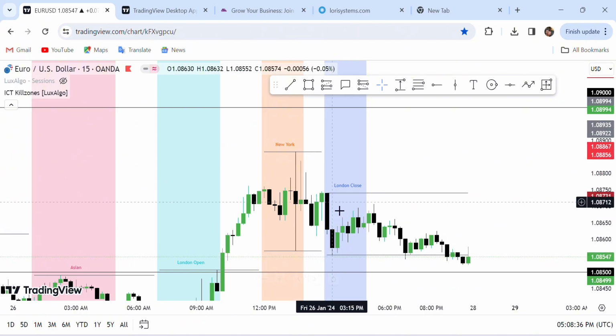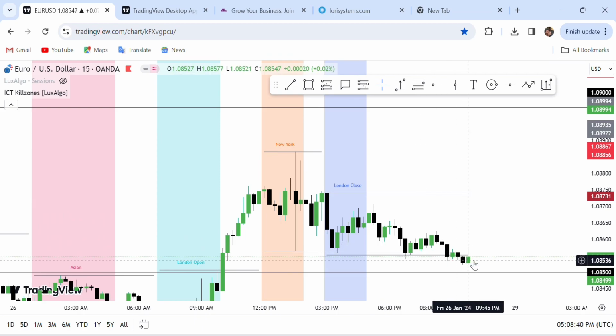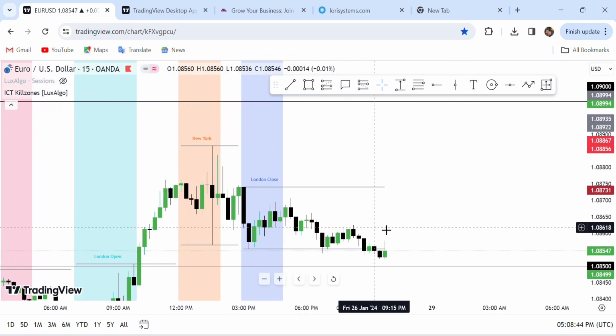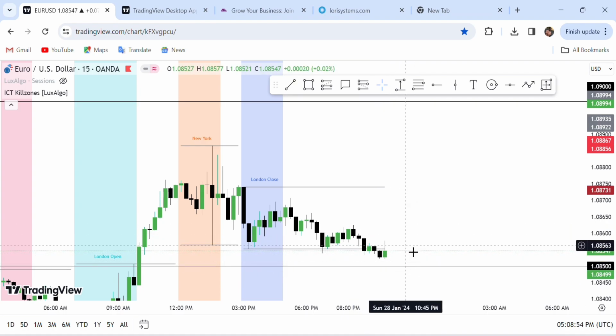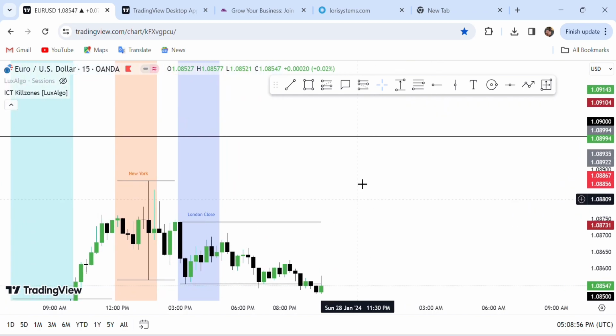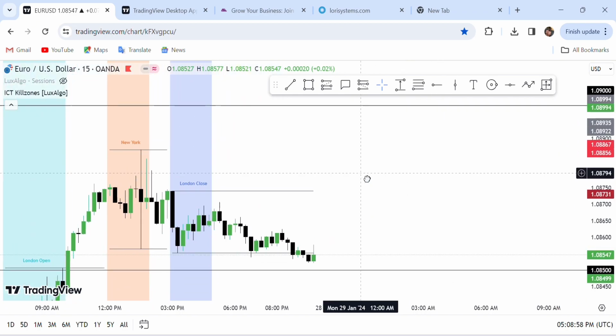Then we can see that price started breaking down, and now we are currently here. So I have a strong belief that price is going to at least retest here, and then I'll be expecting a break in structure. Once I get that break in structure, I'm going to be buying from here all the way up to this place, which is 50 pips.